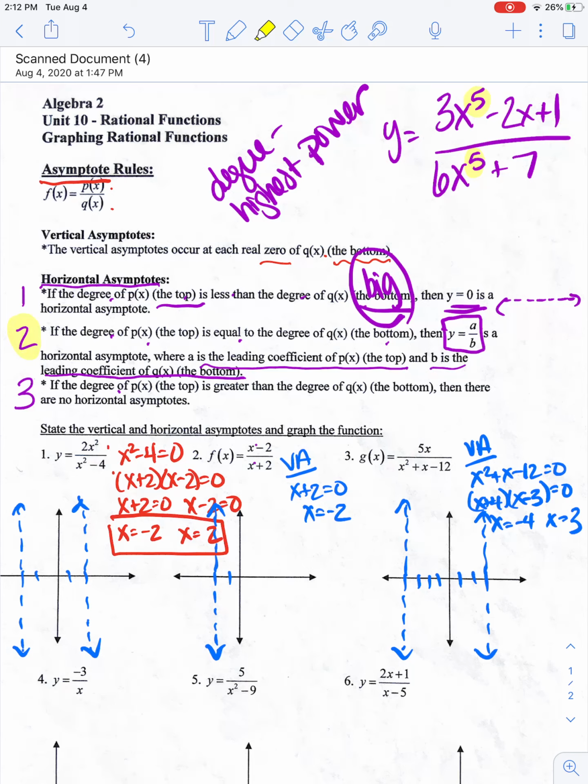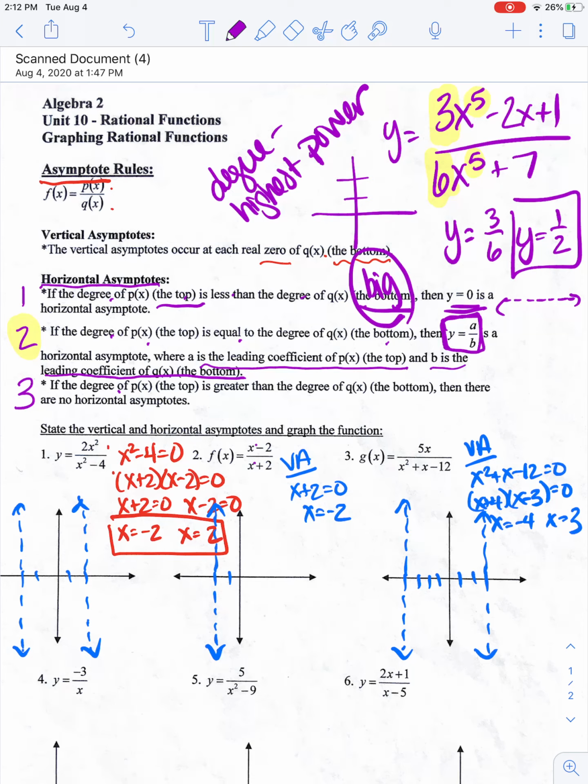So I'm rule 2. And so I am y equals a over b, where a is the leading coefficient of the top and b is the leading coefficient of the bottom. So this is going to be y equals 3 over 6, which of course you're going to reduce to y equals 1/2.